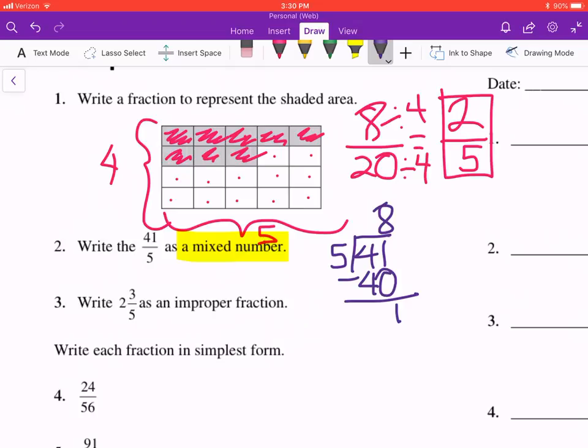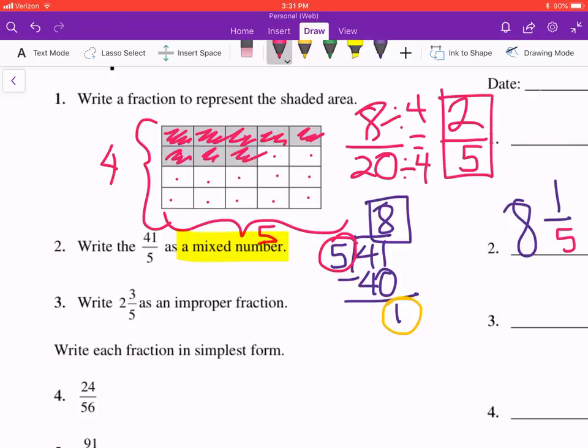Then we take the quotient, and that will be our whole number, 8. And then we use the remainder, which is the number 1. We can't just say 8 plus 1. We have to say 8 and 1, and then we use the divisor as our denominator. So it is 8 and 1/5.